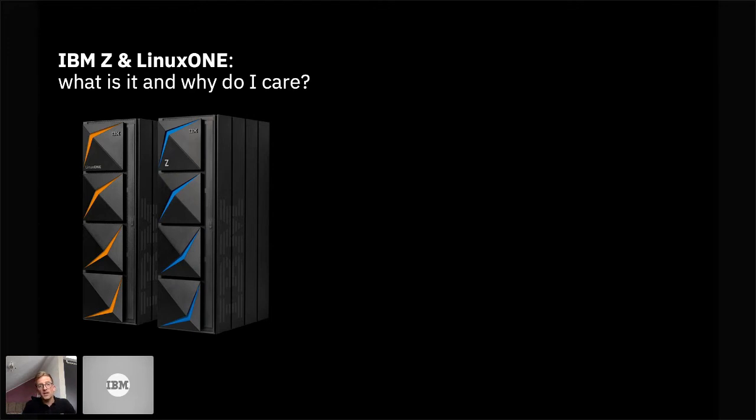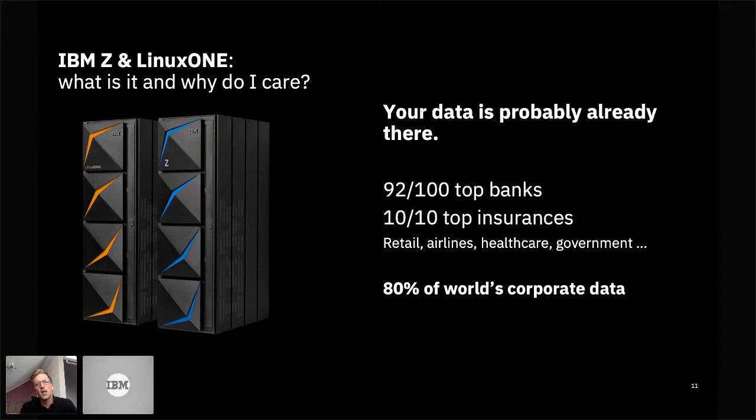And why is it actually relevant today? The mainframes have been there for more than 60, 70 years, and today they're still relevant. One of the reasons is that most of the world's corporate data resides there. In one of the reports, I found that around 80% of the world's corporate data resides on the machine. 92% of the top banks and almost 10 out of 10 top insurance companies all use the IBM Z system.